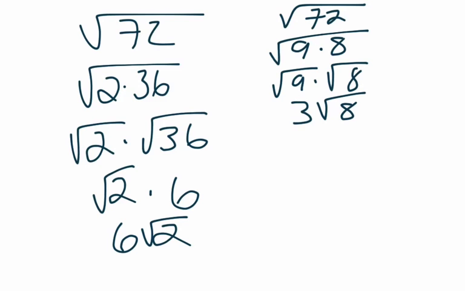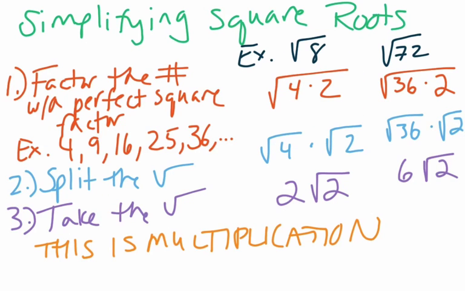Here's the problem with that. That is not simplified as much as it could be. When we simplify a radical, we want to get the smallest number under the square root possible, and the smallest number possible is a 2, and here we have an 8. You can simplify this further. We know that the square root of 8 simplifies because we did it over here. And so this is just like what we're doing with factoring or simplifying fractions.